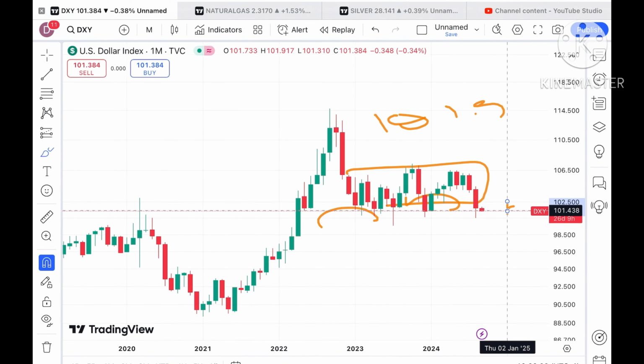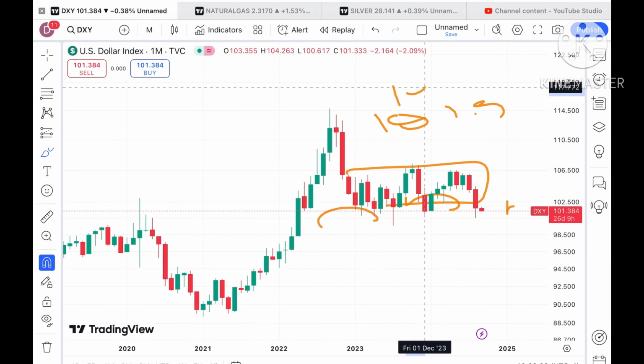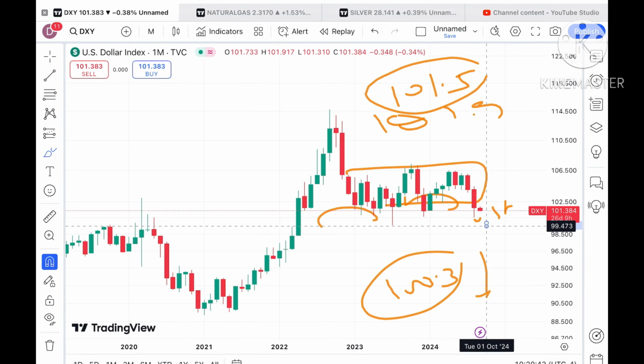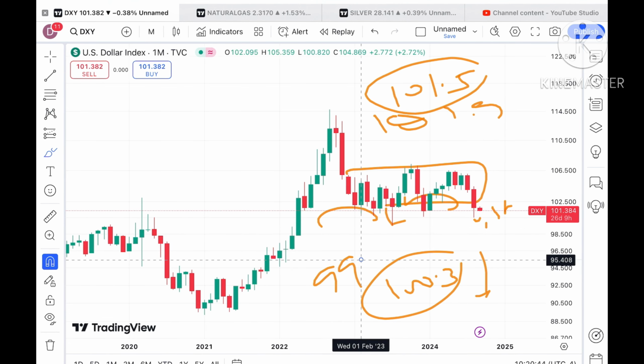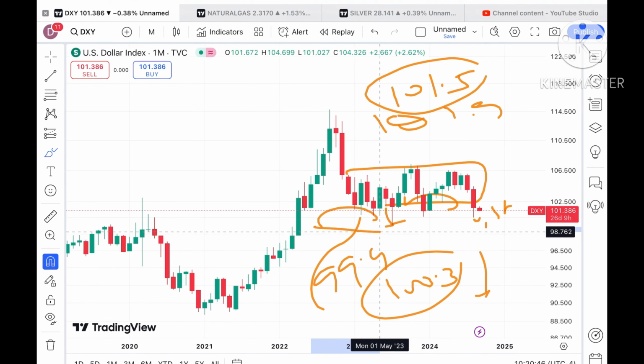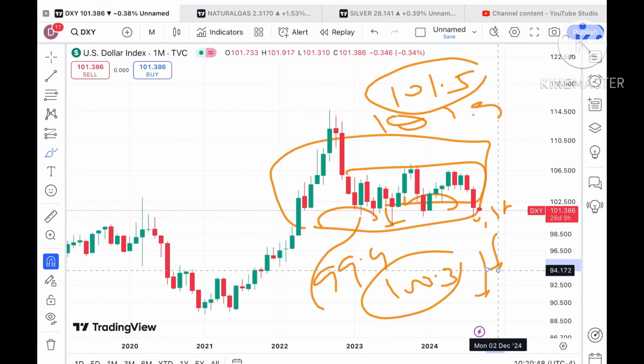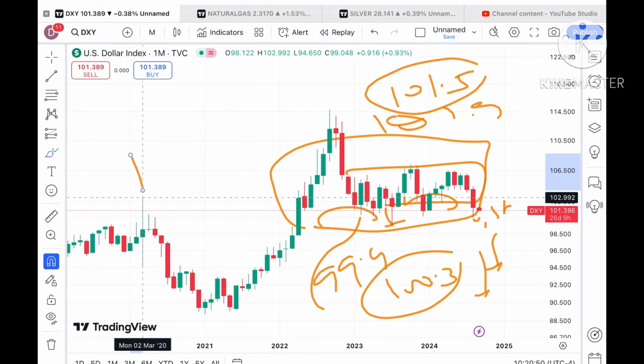So chances are very high that if the price starts going below a level of 101.5, which it is already below, we can see it go further lower, and yes, it can cross a level of around $100.3 also, and then it can go below a level of 100. Then it can cross a level of 99.4, which is the low of this particular zone. So chances can be high we can see a further downfall.